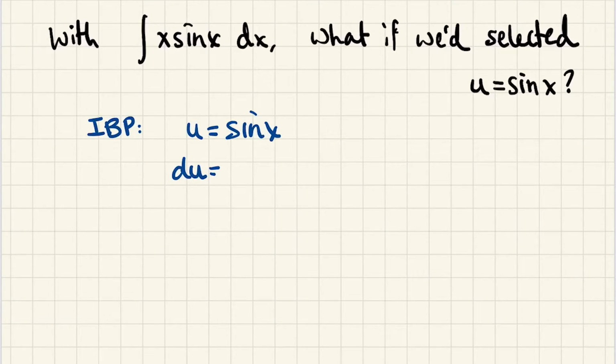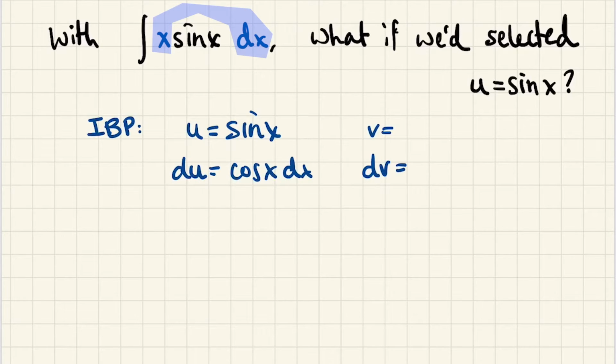And du would be the derivative of that, so cosine of x dx. And next we come to dv, and dv is exactly what we did not choose out of the integrand, so that leaves us with x dx. And so our v is the antiderivative of dv, so that would be 1/2 x squared.